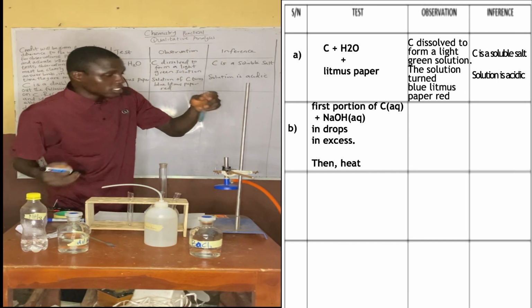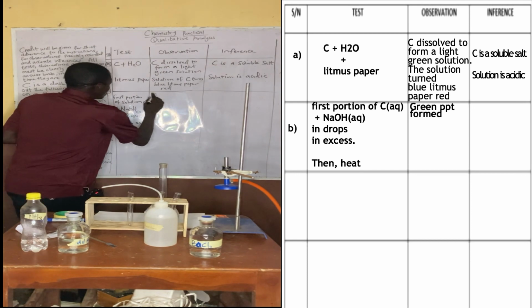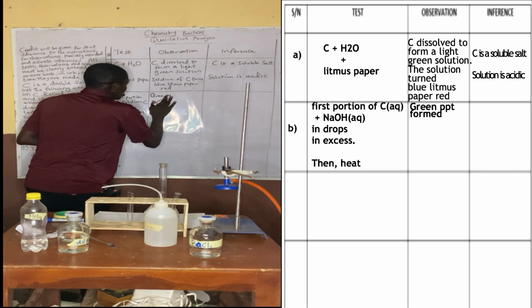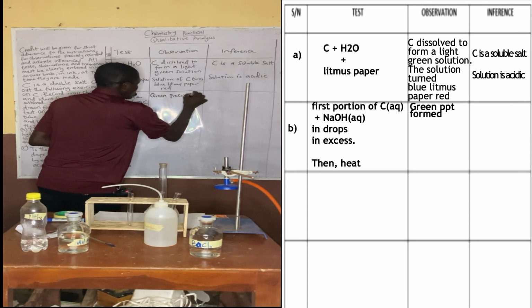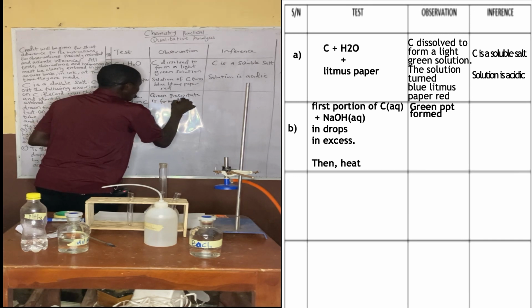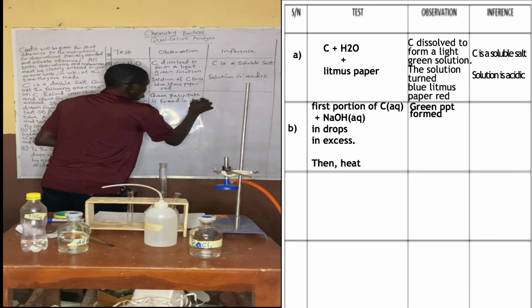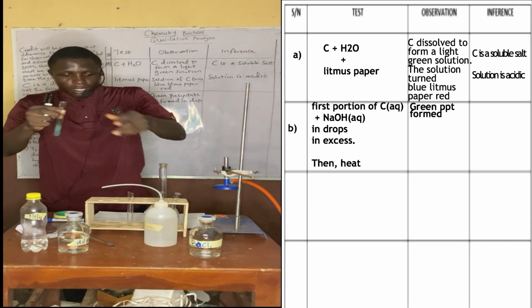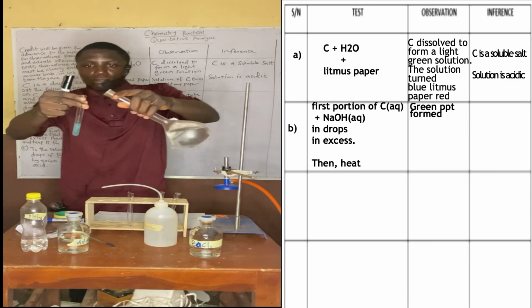A green precipitate is formed in drops. Now let's add it in excess, to see whether it will be soluble.